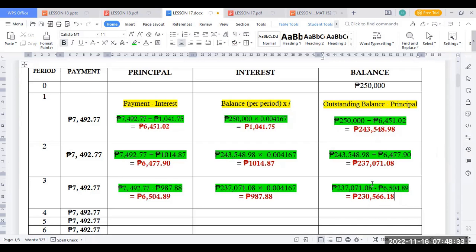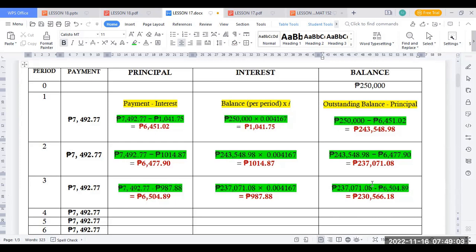Compute first the interest. Okay? To compute the interest, ang gagamitin mo for the balance is yung balance mo nung nakaraang buwan. Okay? And then, times the monthly rate, that is 0.004167, which is yun yung na-compute natin kanina, yung 0.05 divided by 12.